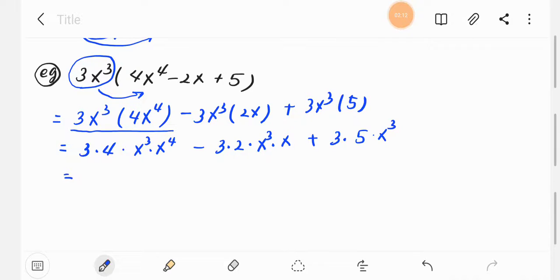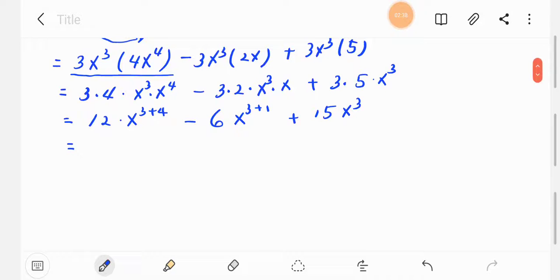And then from this one, you can multiply the numbers, so 12 times x to the, what do we do with the exponent? In this case, we add up the exponents, right? And minus 6 times x to the 3 plus 1, because the exponent of this x is 1, and then 3 times 5 is 15, x cubed.